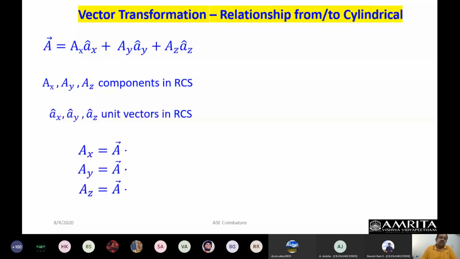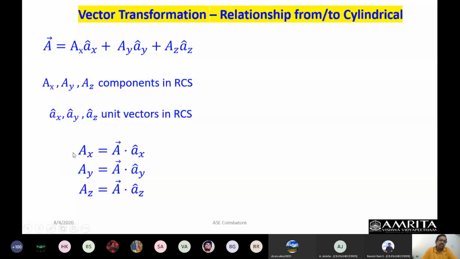So if I want to know the components along the three directions, because I know the dot product relationship of these unit vectors, I can just pull out this mathematical thing. If I substitute this vector over here, I will get x hat dotted with x hat, which will be 1.